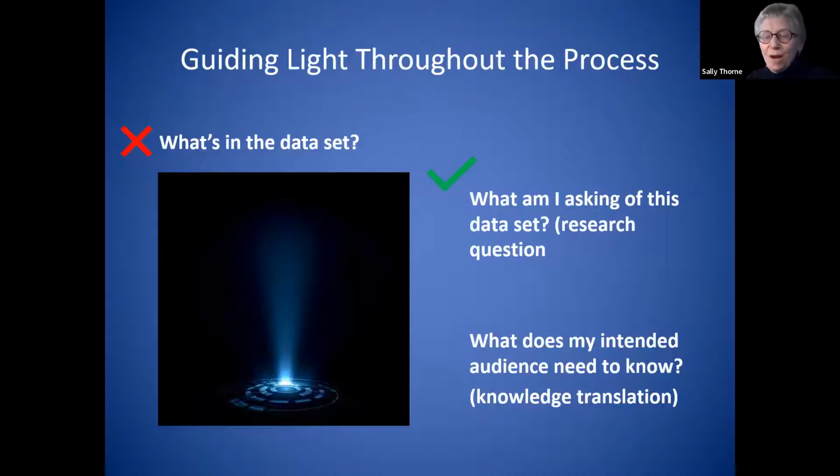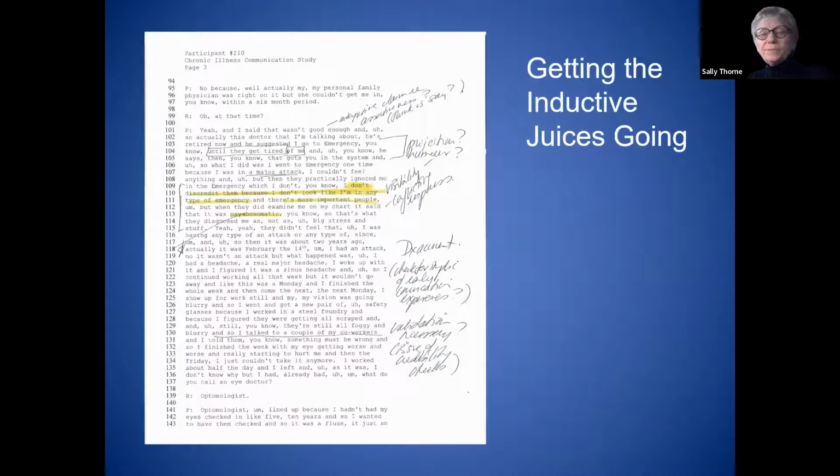What am I asking and why? And our intended audience. What does that intended audience need to know? And those two ideas will guide us. We return to them again and again as we reflect on the data set. They provide that orientation to what am I seeing here and why is this important?